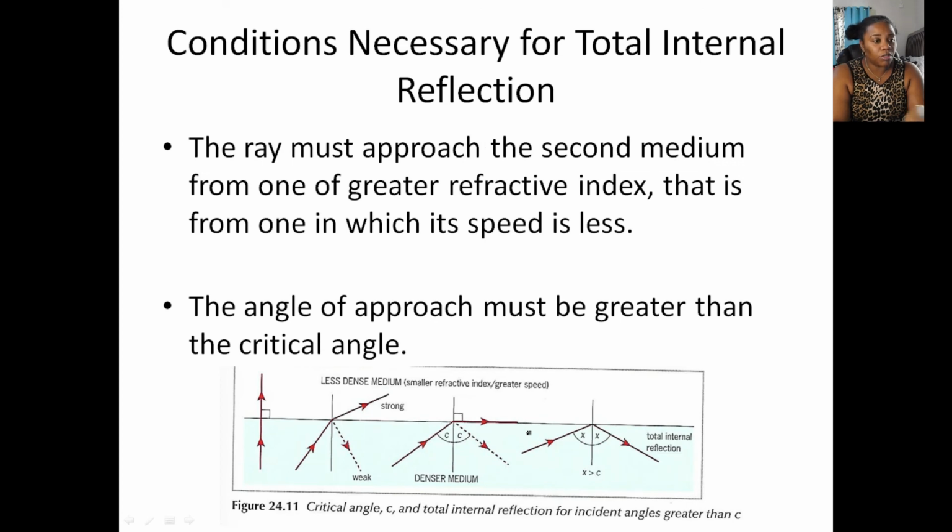So here we have some pictures for you to see what I'm talking about. The ray must approach the second medium from one of greater refractive index, that is, from one in which its speed is less. The angle of approach must be greater than the critical angle.